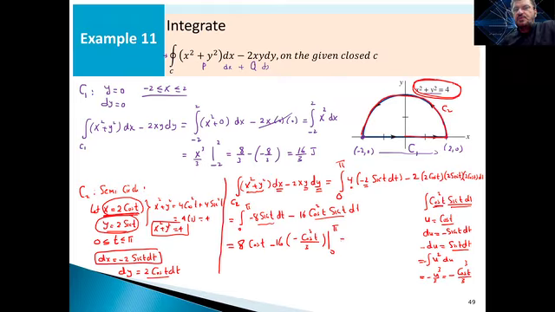which is equal to 8 cosine t plus 16 over 3 cosine cubed t, from 0 to pi. Now, what do you plug in first? The pi, guys.